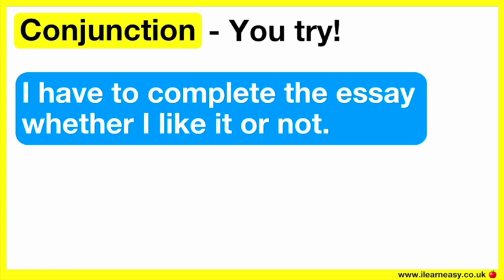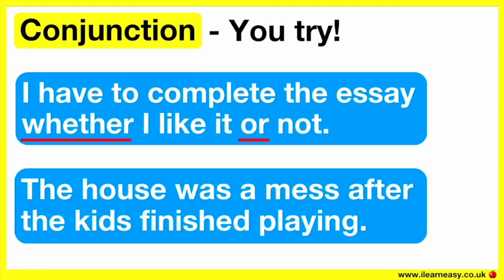The conjunctions are whether or. These are examples of correlative conjunctions. The house was a mess after the kids finished playing. The conjunction is after. This is a subordinating conjunction.